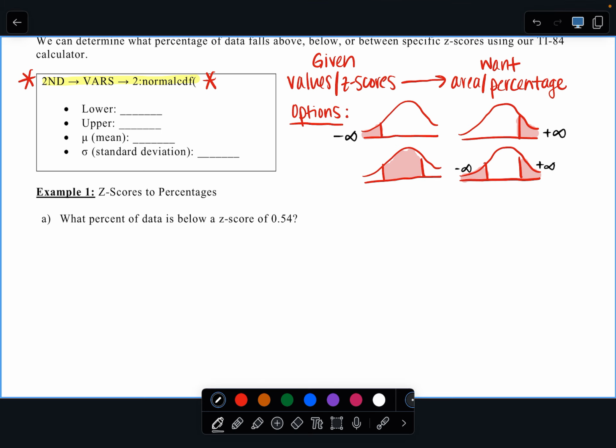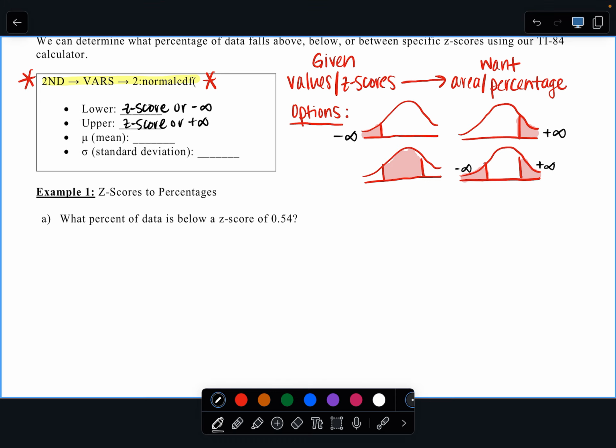So when we create these bounds, we will use in our calculator the calculator version of infinity. So in the lower and upper, that's where you're going to put your restrictions. So sometimes it's going to be a z-score, or in the case of lower, it could be negative infinity. The upper could also be a z-score, or it could be positive infinity. This will all be dependent on your question.